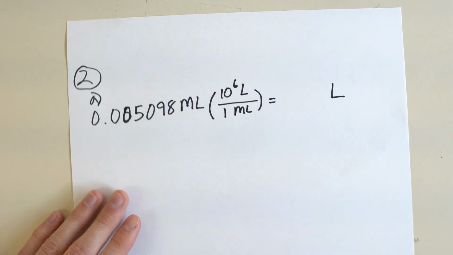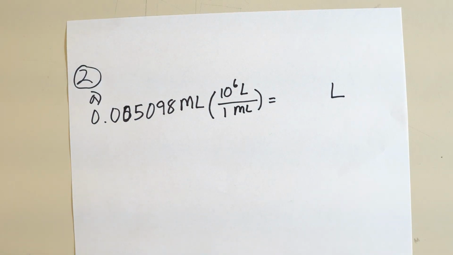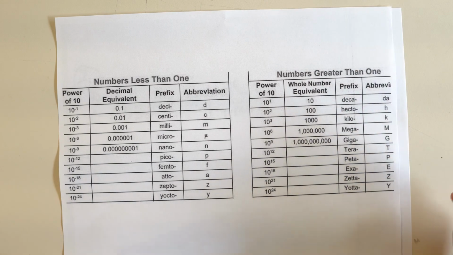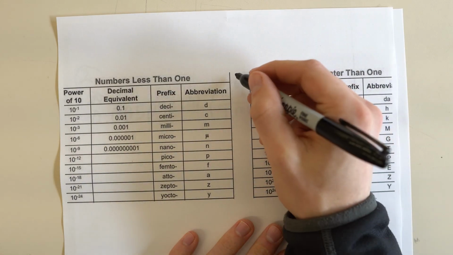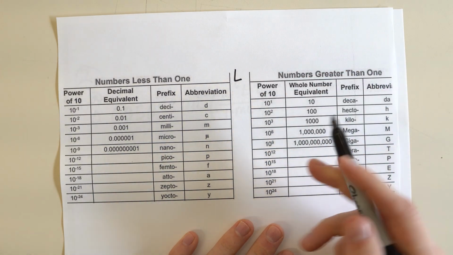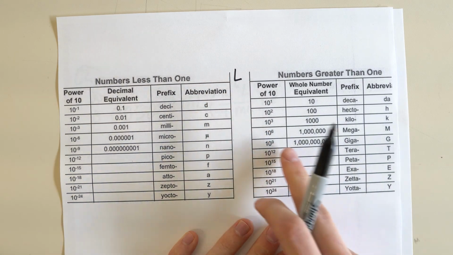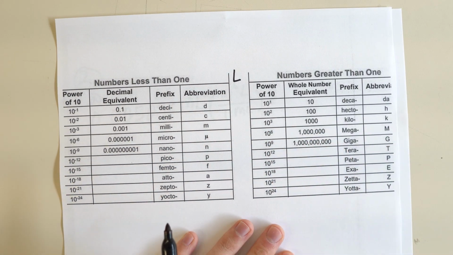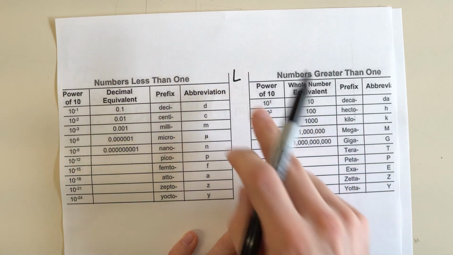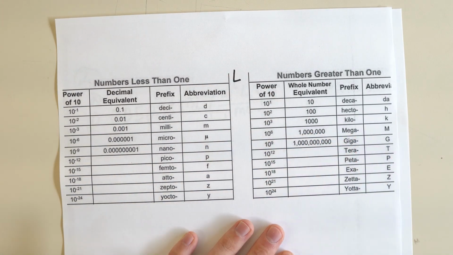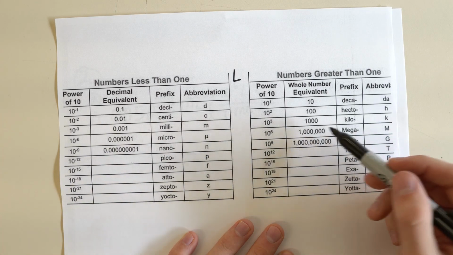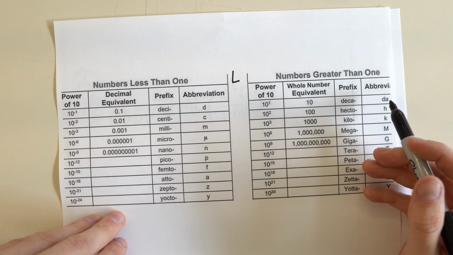You could conversely come in here and look at the difference between megaliters and our base unit. Our base unit in this case is liters. So 1 megaliter is 1 million liters. So if we're doing this, we could just count the number of decimal points we have to move over.